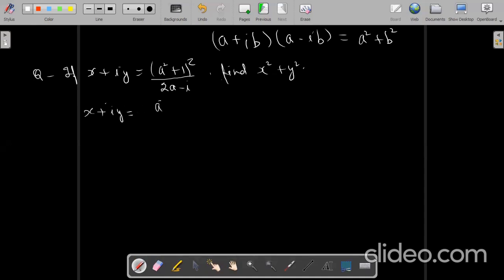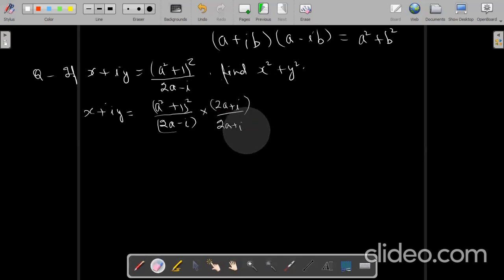In order to remove the iota from the denominator, we have to multiply and divide by its conjugate. So 2a minus iota is the denominator, and its conjugate will be 2a plus iota. This is one way, but this way you will get a very big result.